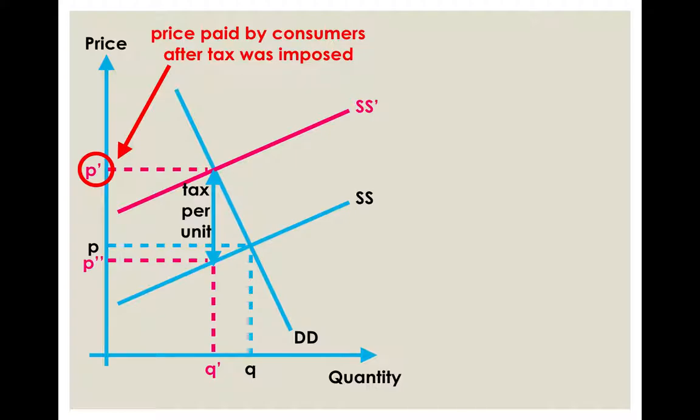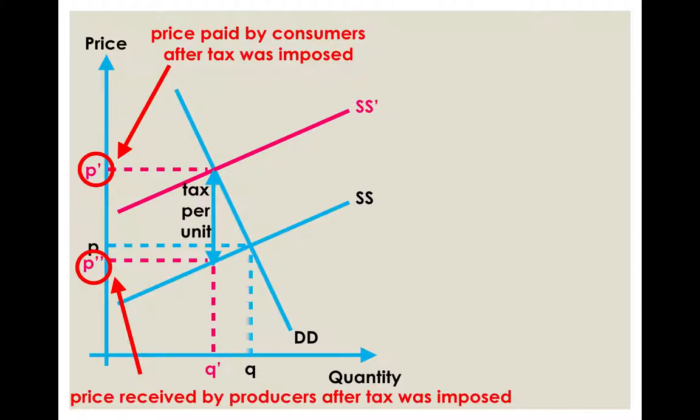No, they do not, because even after receiving the price P prime, they have to pay the tax per unit to the government, which means that essentially producers only receive P double prime, which is the price received by producers after the tax is imposed, after accounting for the tax that they have to pay the government for every unit of the good that they sell.